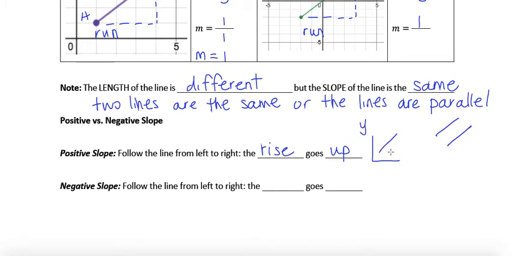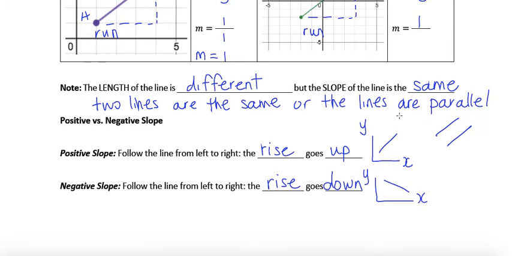If the line goes down from left to right, you're going to have a negative slope. An example would be a diagonal line going down. So if it goes up from left to right, it's positive. If it goes down from left to right, it's negative.